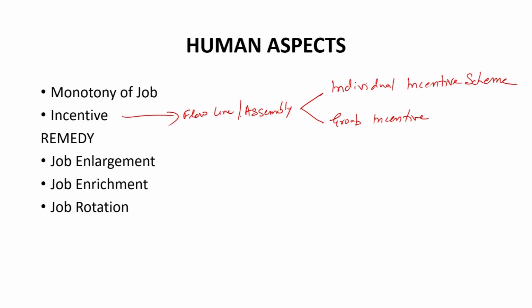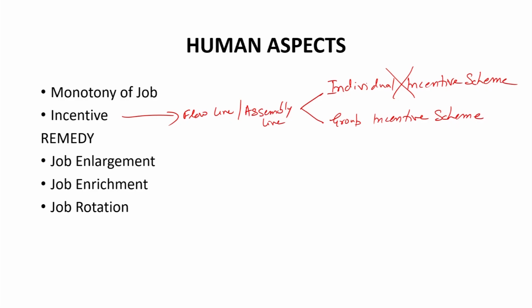Now, in case of a flow line or assembly line, individual incentive scheme is not possible, is not feasible, because the output of the system or the conveyor depends upon the work of all the workers, and one individual cannot influence the output of the line.